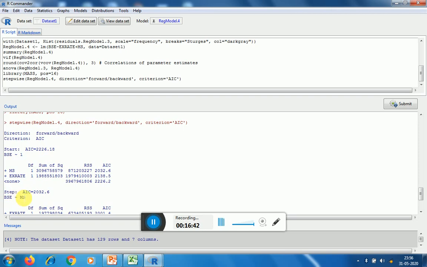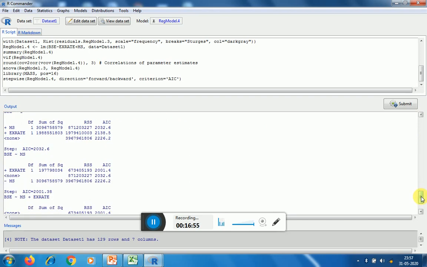Then in step number 2, we can see here we have taken only money supply. Now here the most significant factor is taken first, and that is calculated by this software automatically by default.